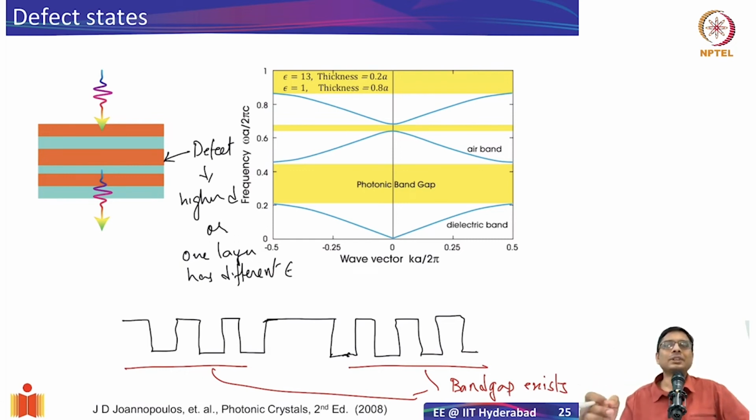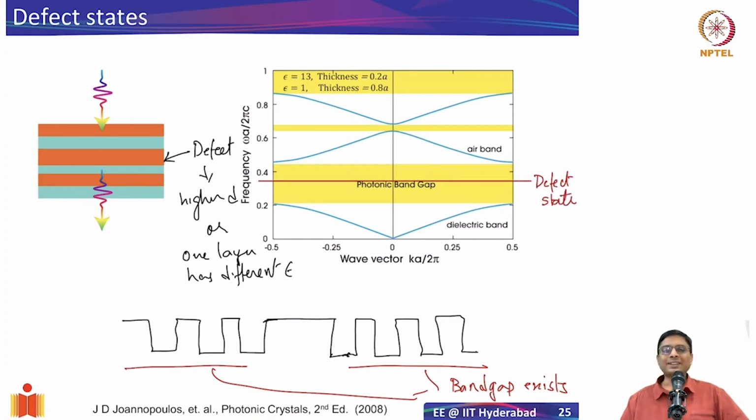We actually draw parallels from electronic transport theory, wherein if you have a defect in a lattice, we say that it creates a state in the band gap. Similarly, if you have one location with a defect, simply thicker or having a different epsilon from the rest of the layers, that defect can occur within the band gap. So this is the defect state.